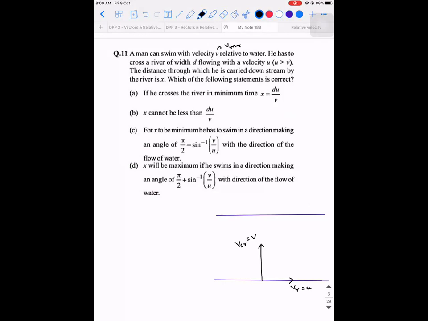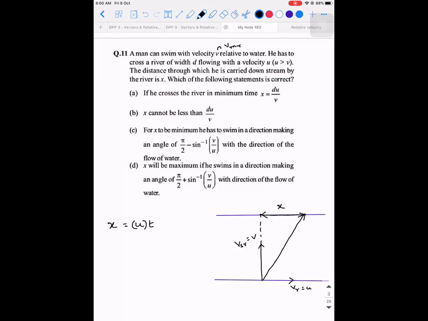Due to both, he will get drifted and he will not reach the exact opposite point, rather he will get drifted downstream. So what is the distance through which he is getting drifted? x is equal to the horizontal velocity multiplied with time.